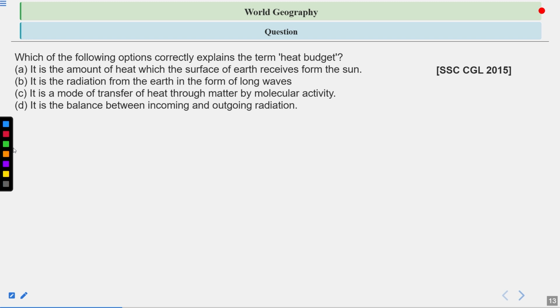Which of the following options correctly explains the term heat budget? Options are: it is the amount of heat which the surface of Earth receives from the sun. It is the radiation from the Earth in the form of long waves. It is a mode of transfer of heat through matter by molecular activity. It is the balance between incoming and outgoing radiation.